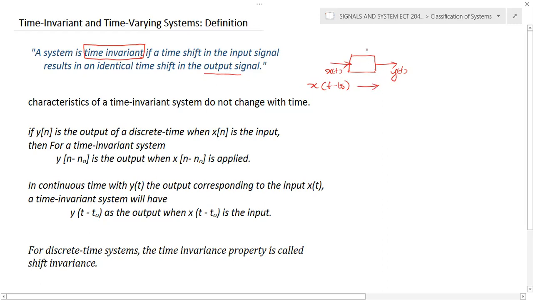And if it is a time invariant system, for the input x of t minus t0, you will get an output which is simply the shifted version of the output, y of t minus t0. So this is not true for all the systems. This property is valid only if the system is time invariant. This is a mathematical notation to indicate a time invariant property.